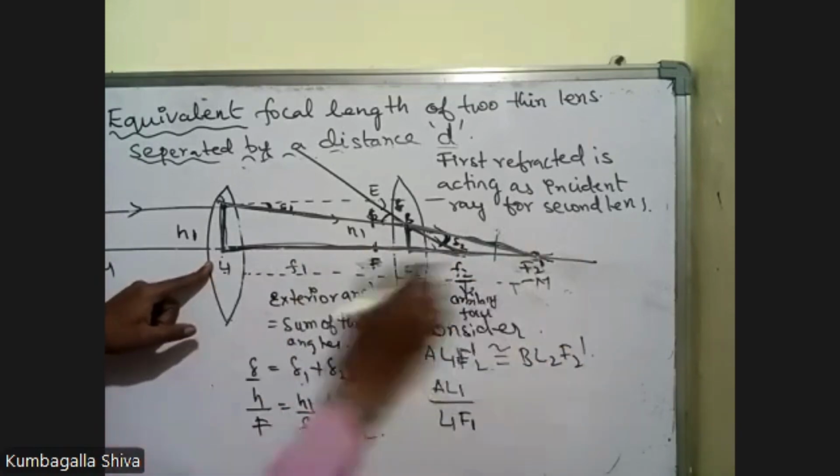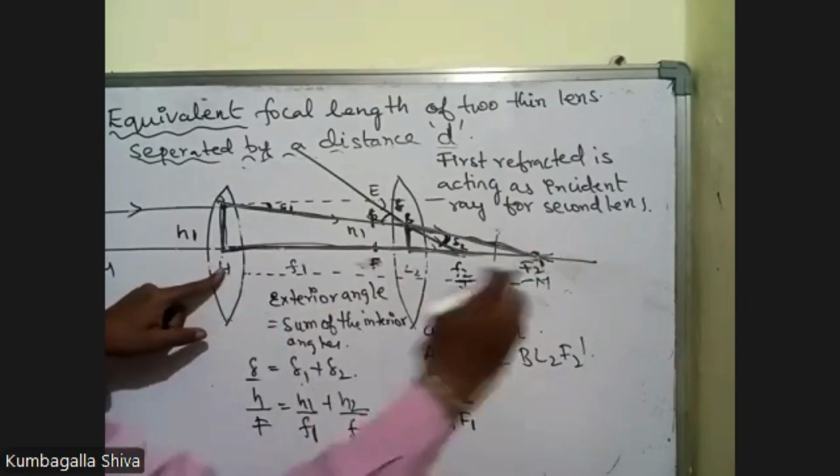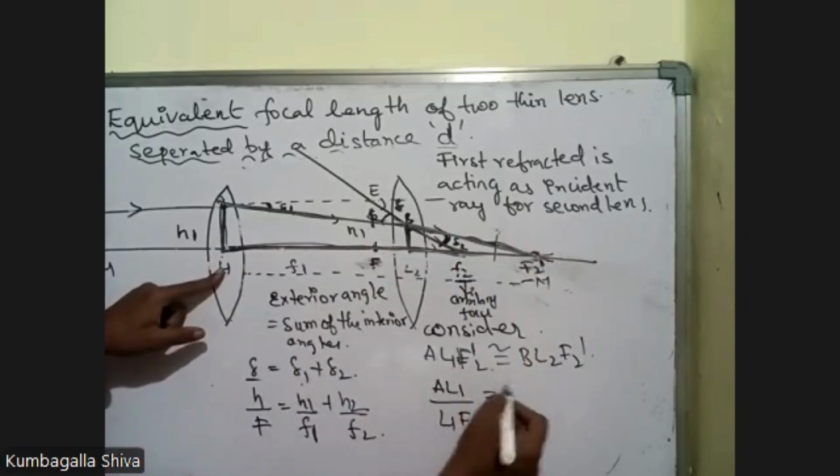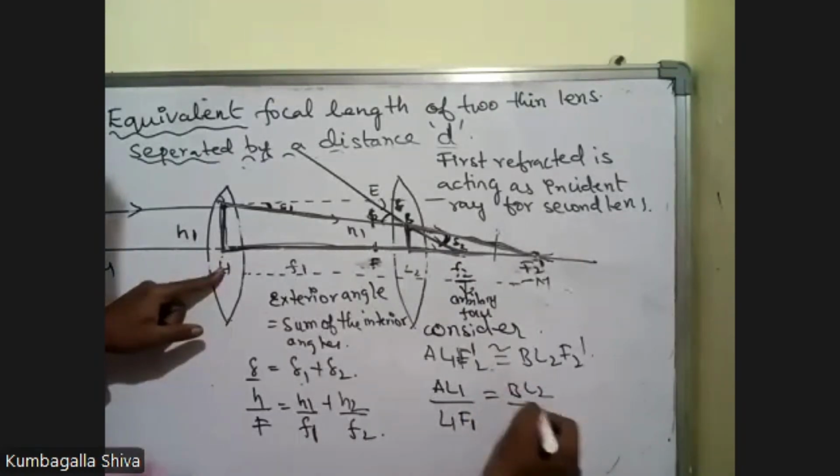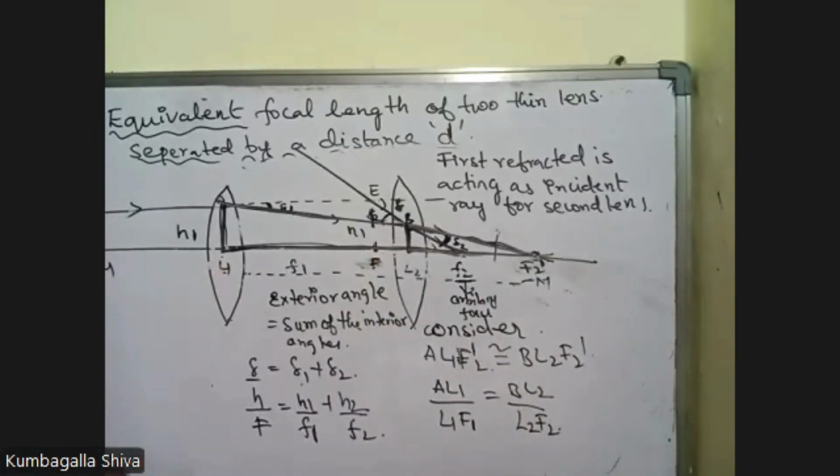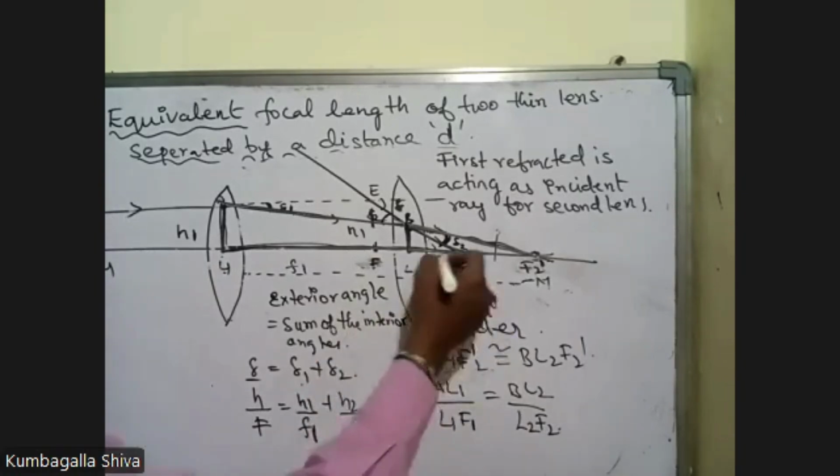I have already given this, but again I'm clearly mentioning from here to here, L1 F1, is equal to B L2 by L2 F2. Clear? B L2 by L2 F2.